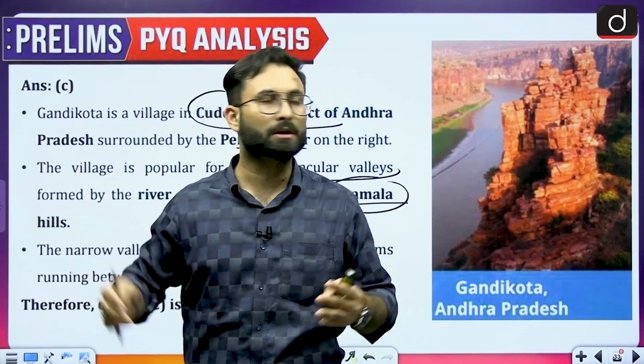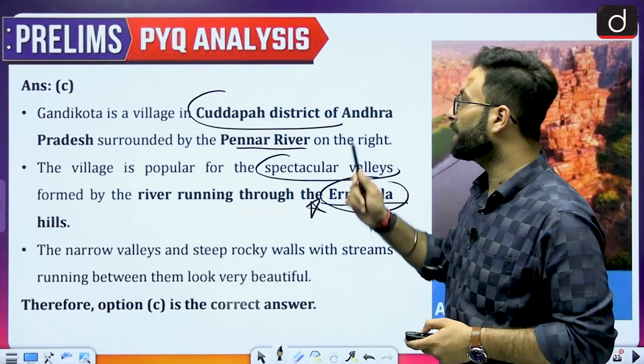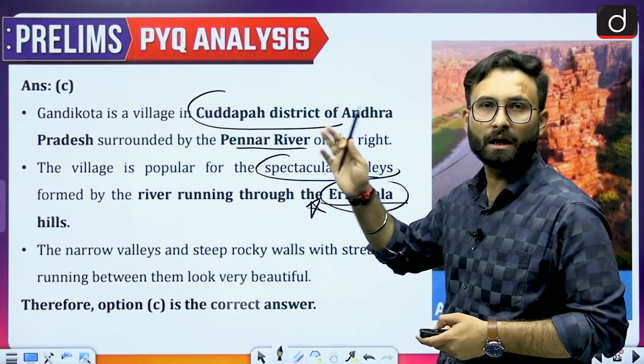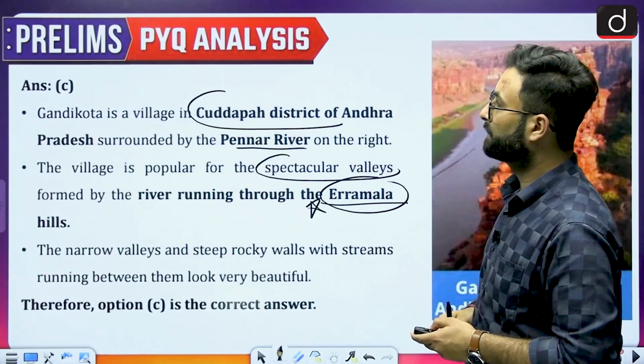The valley region is quite deep, and the hills on the sides are quite steep in nature. One such feature is the Grand Canyon also. When we talk about India, this is one of the canyons, in the Kadapa district of Andhra Pradesh, that is Gandikota, and it is a village over there. Okay, moving further.